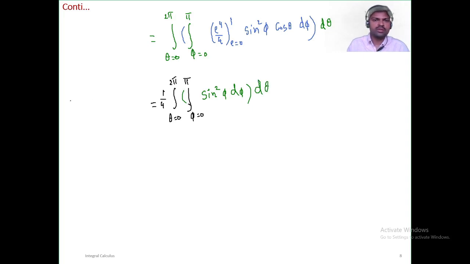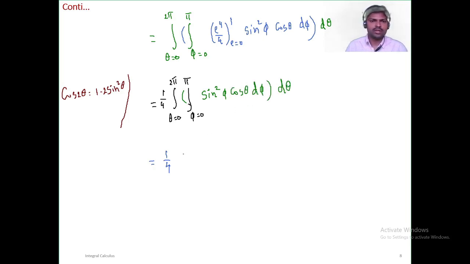Sine square phi you substitute using cos 2 theta equals 1 minus 2 sine square theta, so the sine square term in terms of cos, a linear form. So what is sine square phi now? It will be 1 minus cos 2 phi by 2. Again here cos theta is missing, write cos theta here.